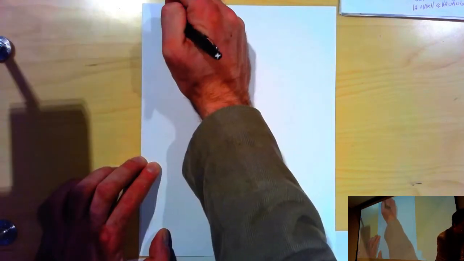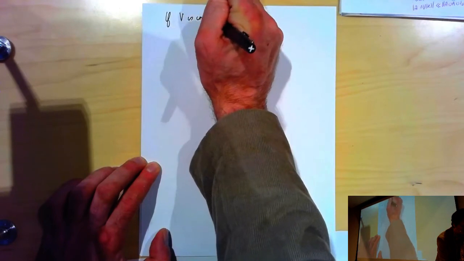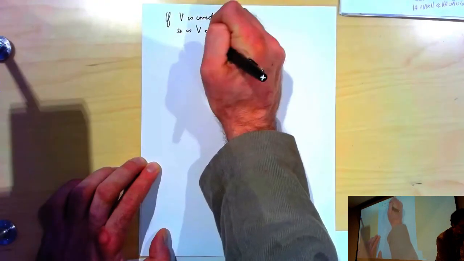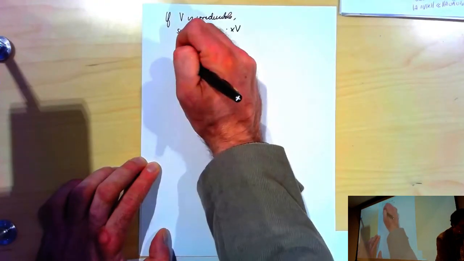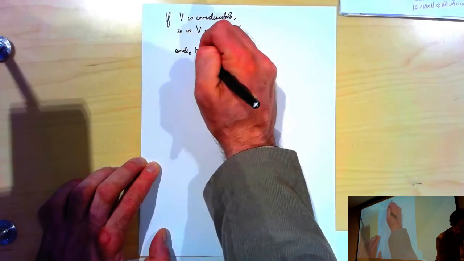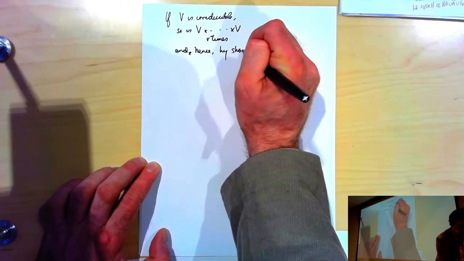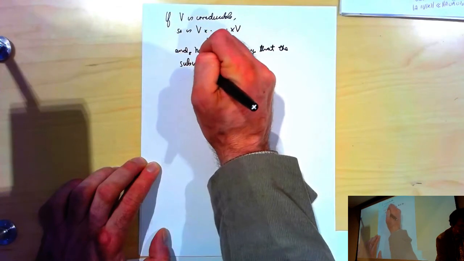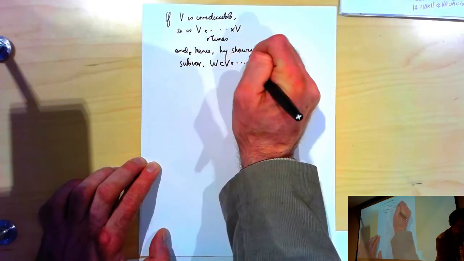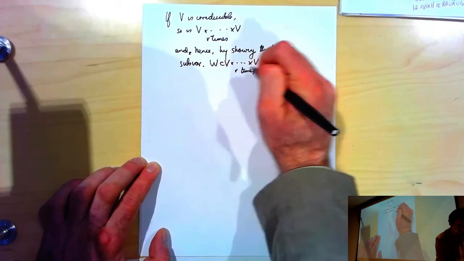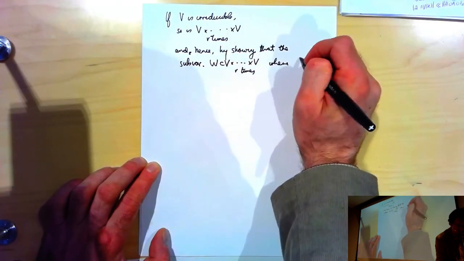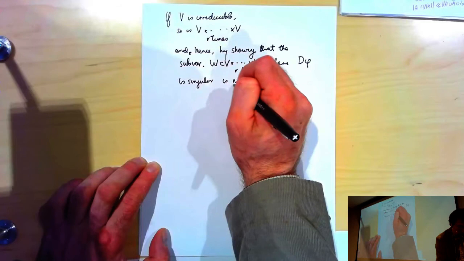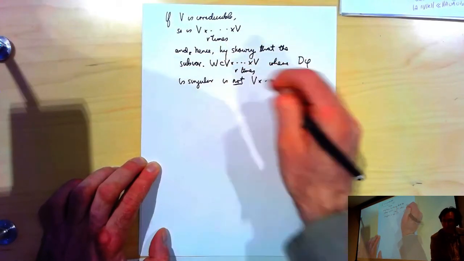So, if V is irreducible, and hence, by showing that the subvariety W where d phi is singular is not V. It's not that because it does not contain the identity.